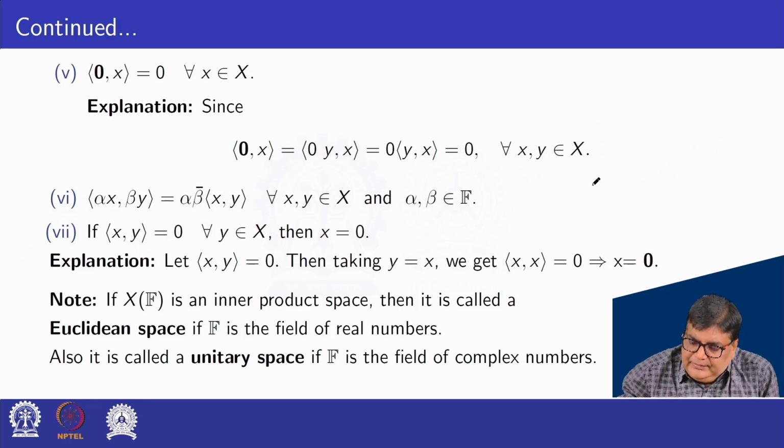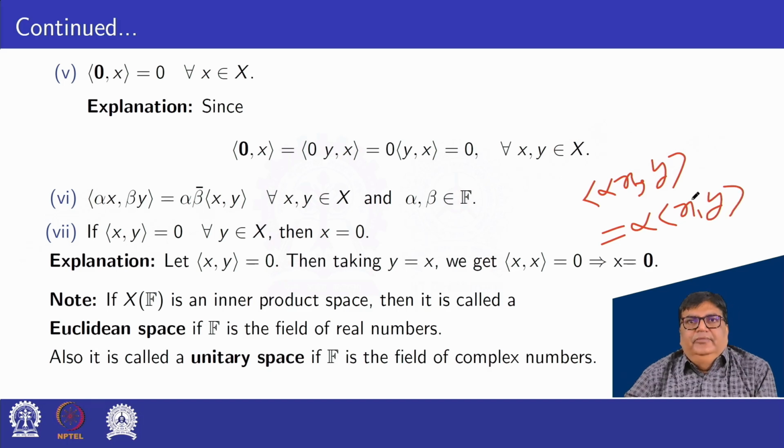Again, applying the property inner product of alpha x, y equal to alpha times inner product of xy, here alpha is 0. So we can write 0 into inner product of yx, that is 0. So inner product of 0 and any vector x is 0.